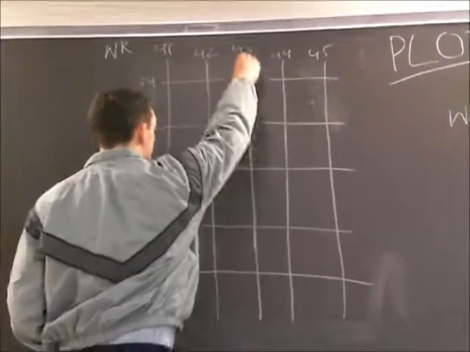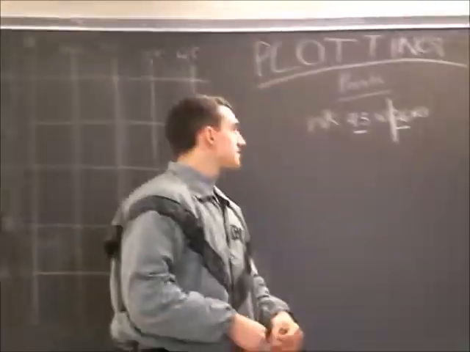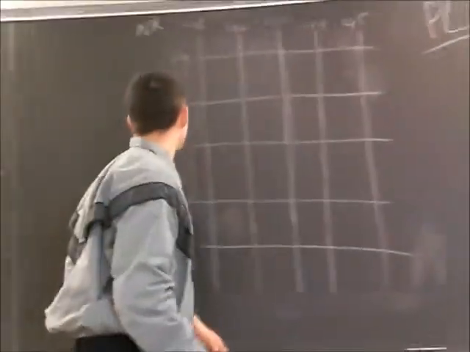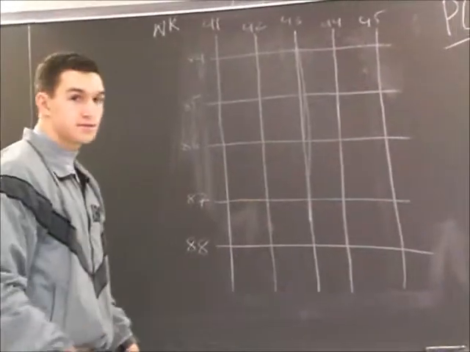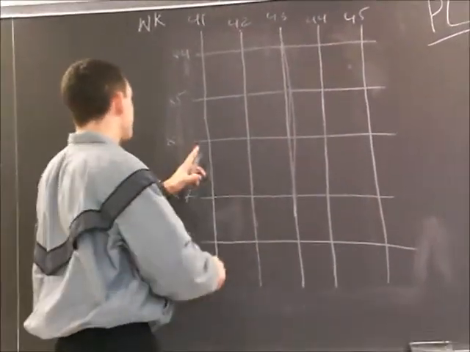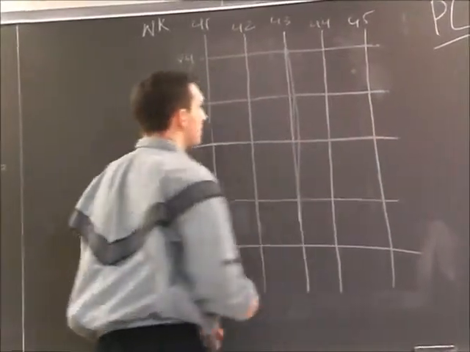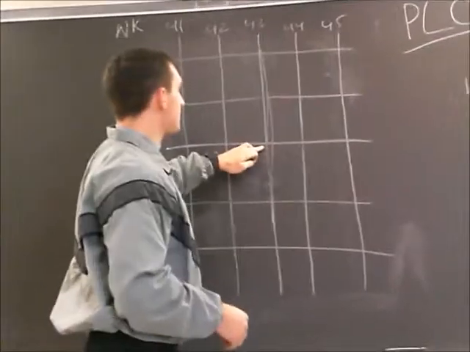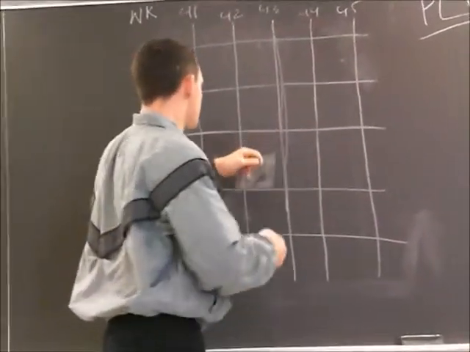Right here, this line right here. The second set is going to be our 86. So we're going to go 86, and we're going to go to the point where these two intersect, and we're going to go to the left side of them.